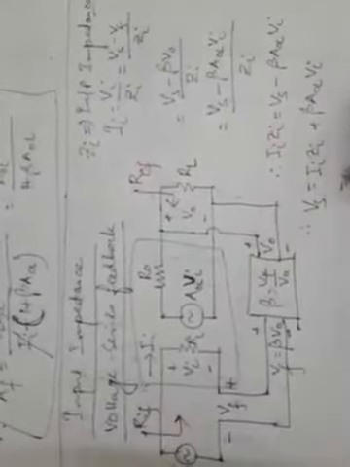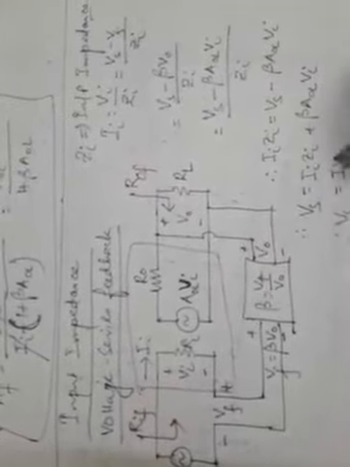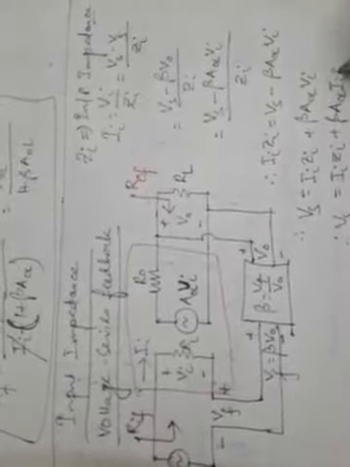Now this can be written as Vs equal to II Zi plus beta AOL Vi. What is Vi from this equation? It is II Zi.